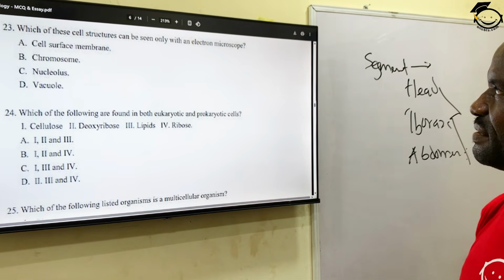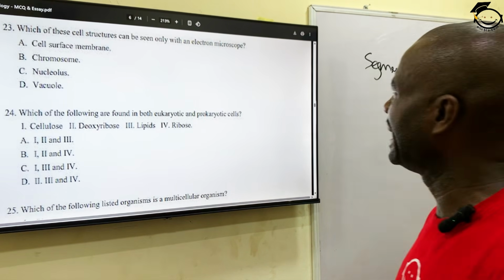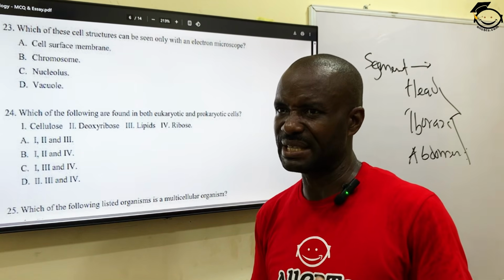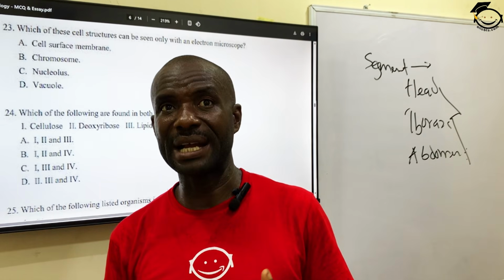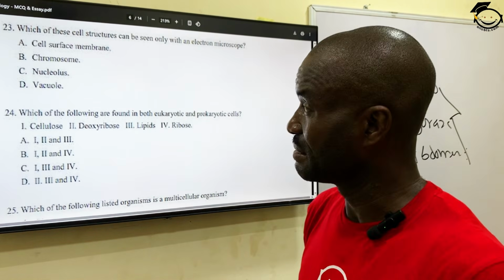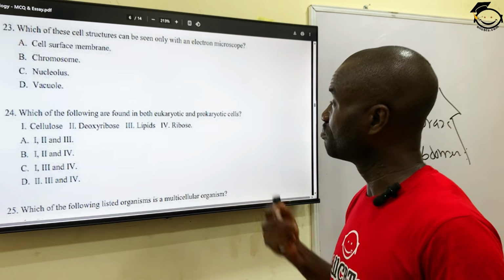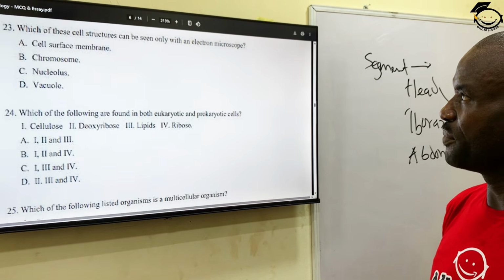Question 23. Which of these cell structure can be seen only with an electron microscope? An electron microscope is an electronic instrument which can be used to magnify tiny objects that cannot easily be seen with your naked eye. So, A, cell surface membrane.